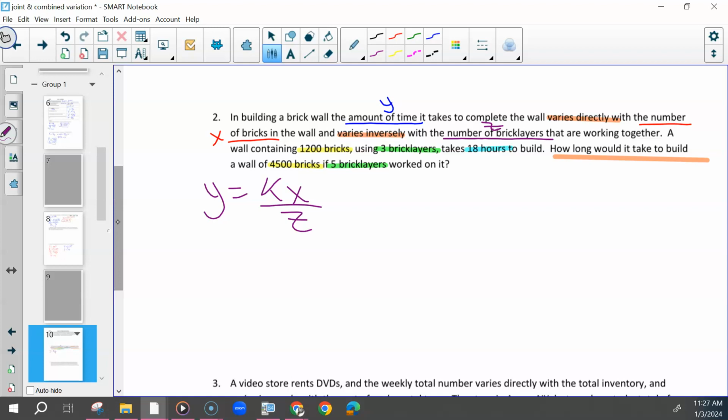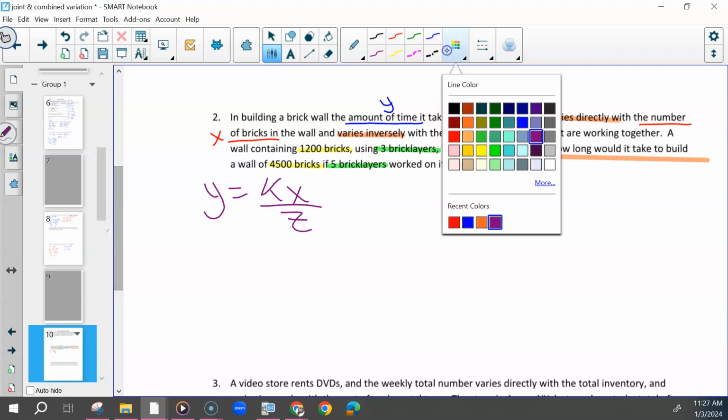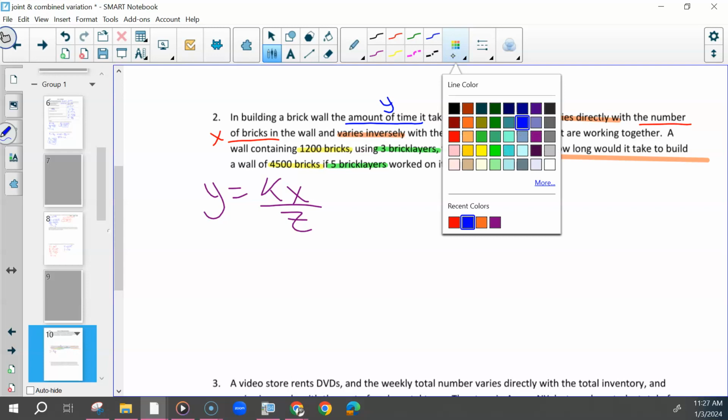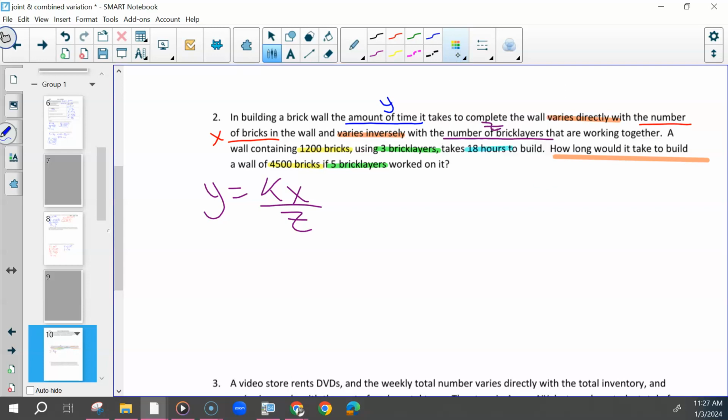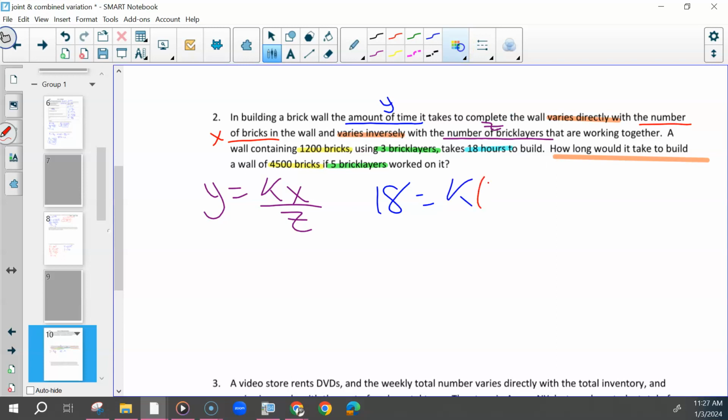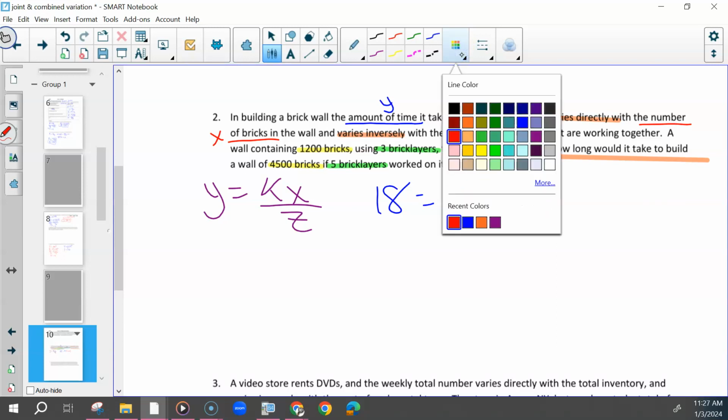Now we're going to use the first set of numbers to find our k value. Color code. So number of bricks is x, bricklayers is z, time is y. So 18 equals, we don't know k, 1,200 over 3.